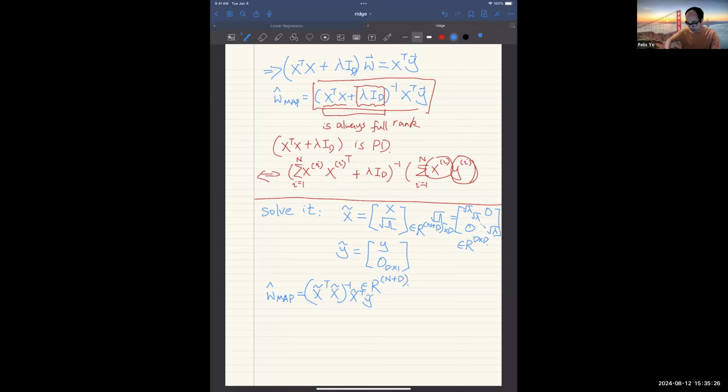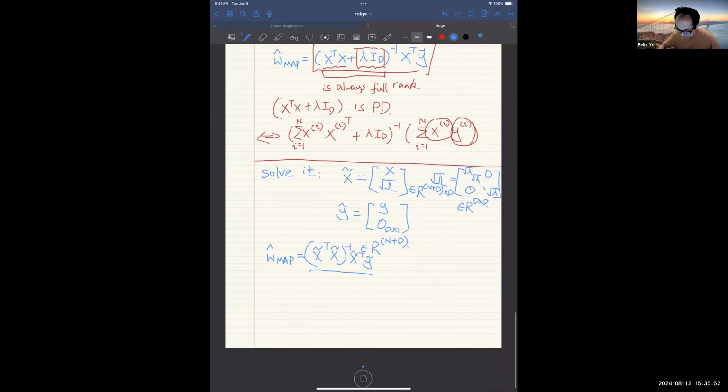So this is just the least squares solution. That means if we add those virtual data to X and y, then we can solve everything by least squares. And as a result, this is the solution for ridge regression.